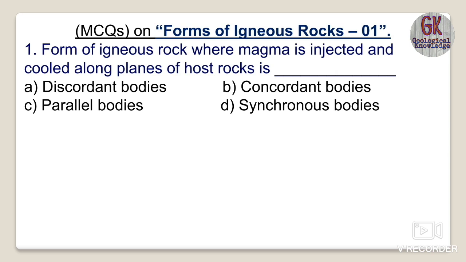The forms of igneous rocks are basically divided into two types: the extrusive igneous forms, or the intrusive igneous forms. Extrusive igneous rock bodies are formed from magma poured out at the earth's surface because of the magmatic activity, the formation of magma that takes place in the interior of the earth.